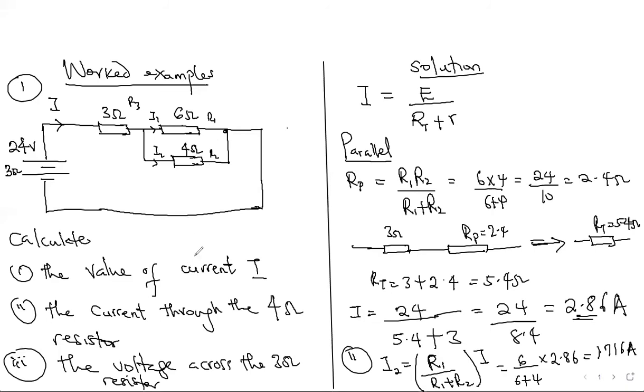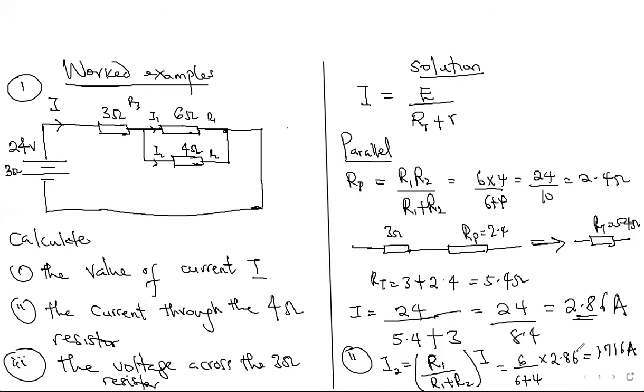Now the voltage across the 3 ohm resistor is easy, because I know the current flowing through it and I know the value of the resistance. The voltage is the current through the 3 ohm resistor multiplied by the resistance of the 3 ohm resistor itself.